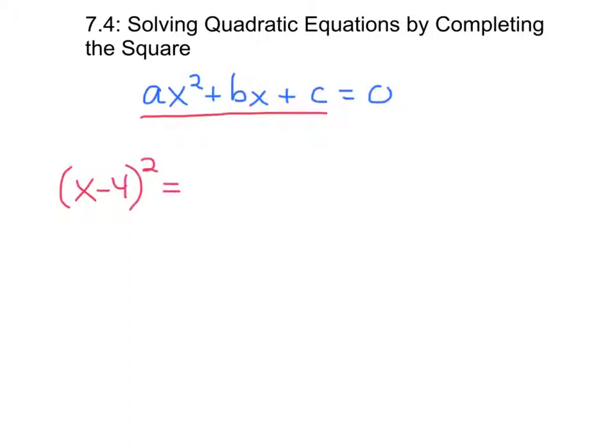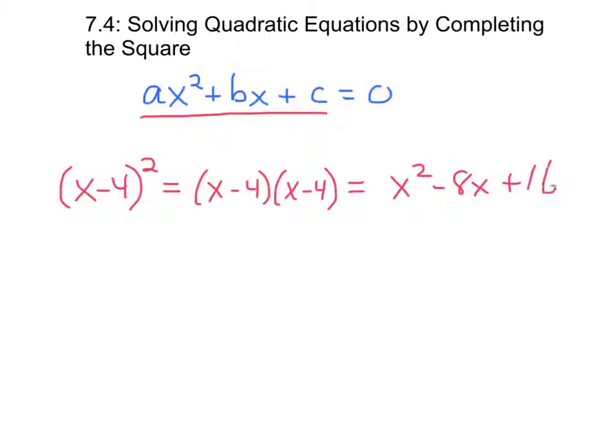We do FOIL on that, so we'd have x minus 4 times another x minus 4. And when we do the firsts, outers, inners, and lasts, we end up with x squared minus 4x, and then another minus 4x, so minus 8x, and then plus 16.